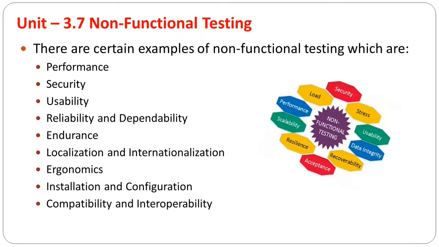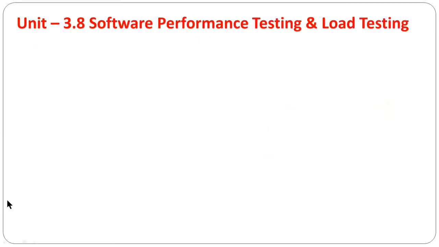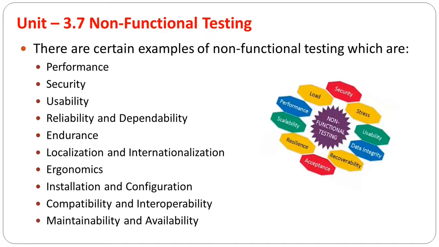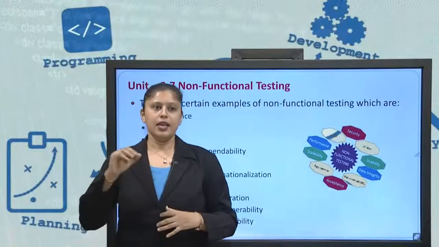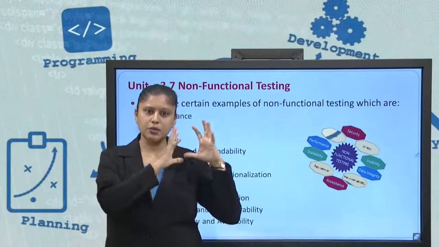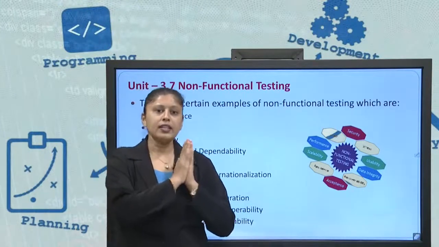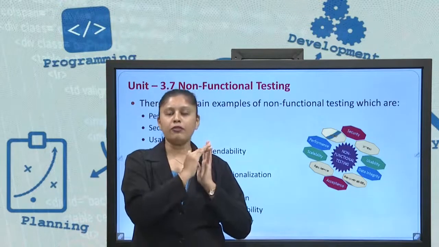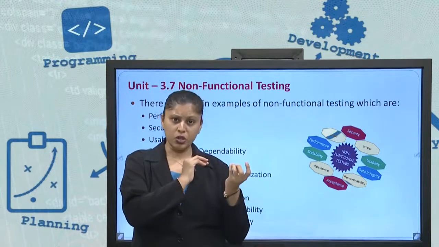Now what it says is my particular product has certain features. There are certain examples of non-functional testing. First is performance. It says that when my particular product is being developed, whether it is meeting a particular performance level or not, whether it is performing well or not.